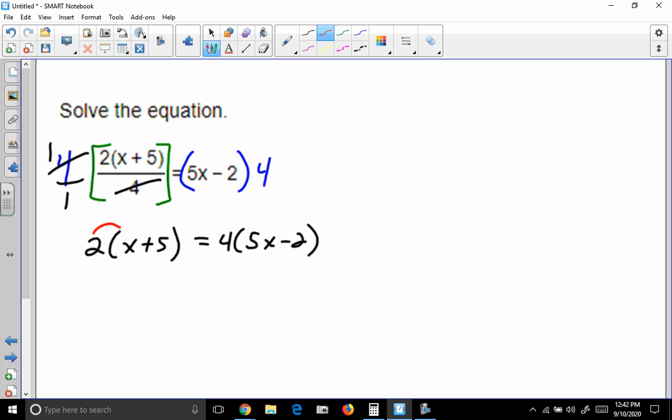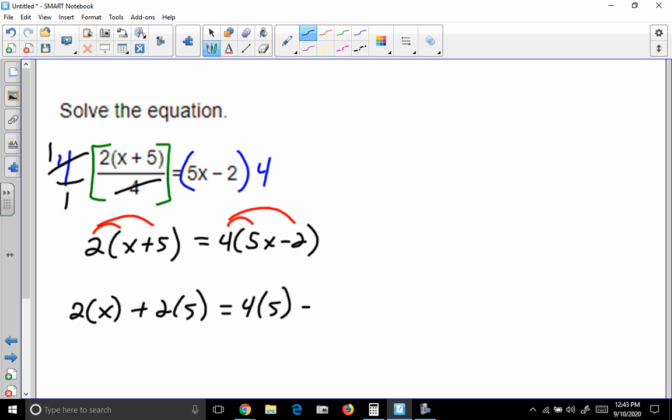So distribute on this side, distribute on this side. So we have 2 times x, 2 times 5. On the other side, we have 4 times 5x, and then 4 times 2.